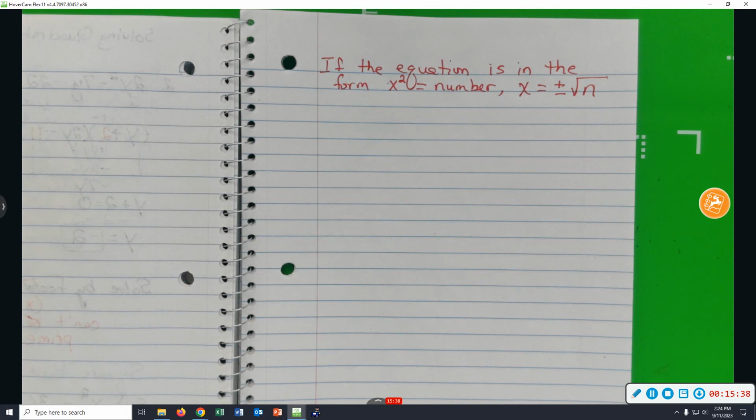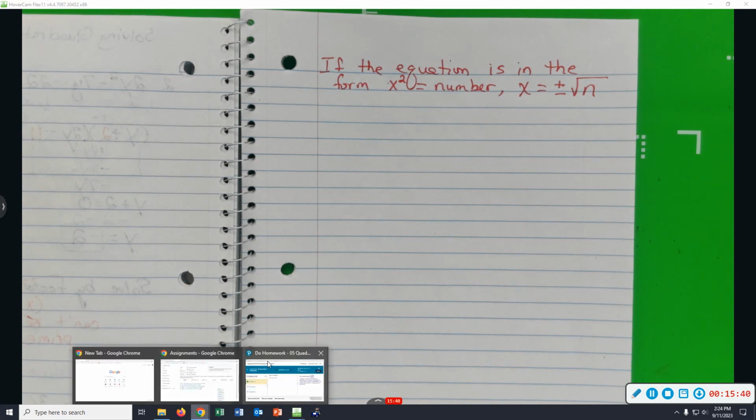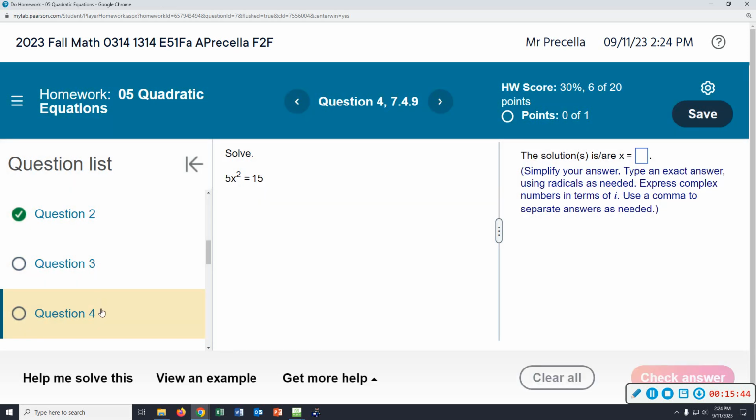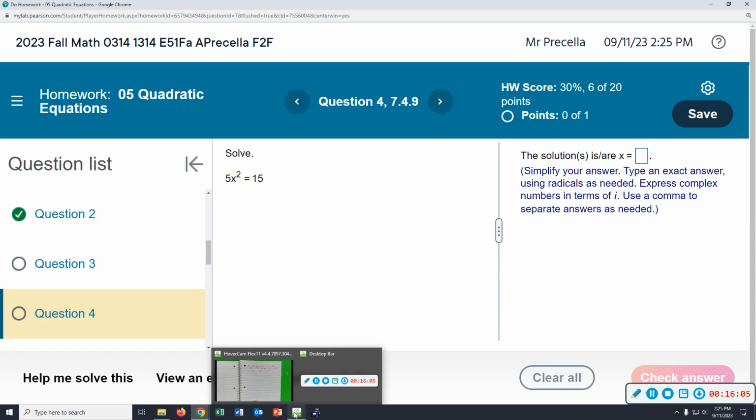Well, let's look at number 4. Okay, number 4 says 5x squared equals 15. Let me write it down. 5x squared equals 15. Checking to make sure I didn't miscopy it.